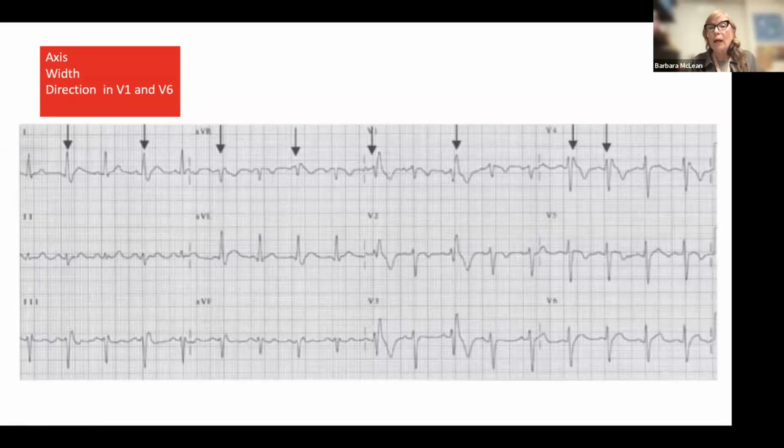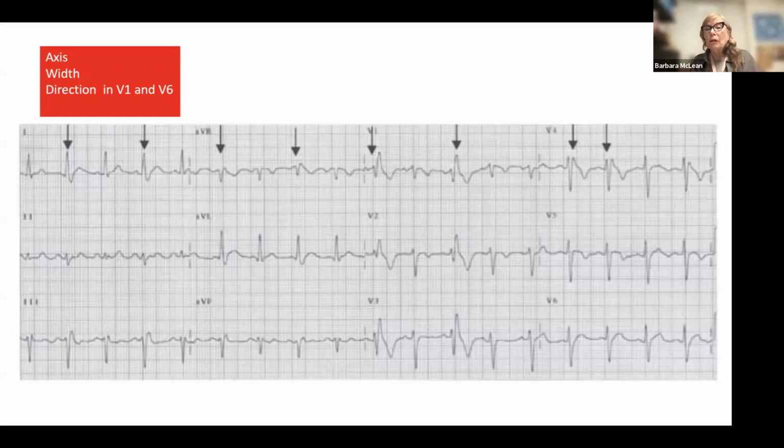This is a right bundle branch block, but it's related to the patient's heart rate. So it comes and it goes. Sometimes people say, oh, he's switching bundles. No, he's not switching bundles. He's normal and he's abnormal. And this often happens when patients' heart rates are just a little bit higher because the right bundle takes time to repolarize.